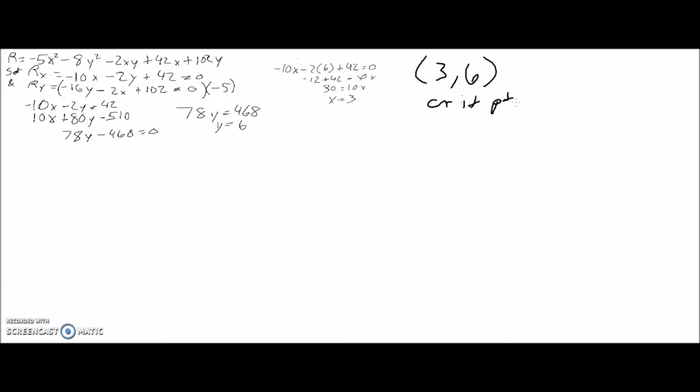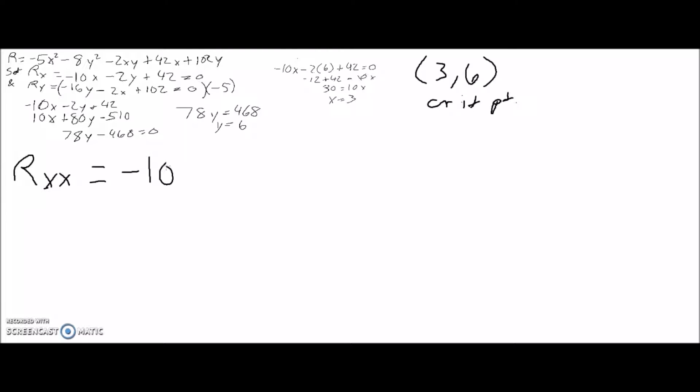Now that we have our critical point, we need to figure out if it's a maximum or a minimum. To do that, we need to find the discriminant of R, and to do that we need the second partials of xx, yy, and xy. Looking back at R sub x, R sub xx is negative 10.